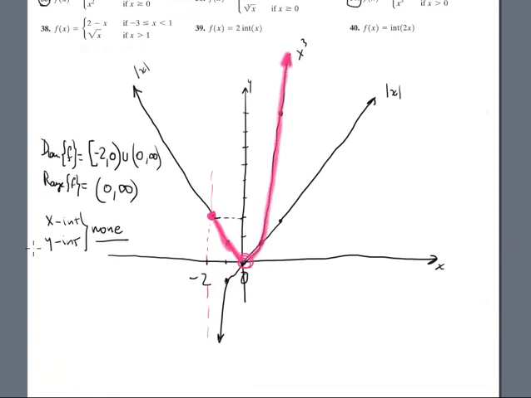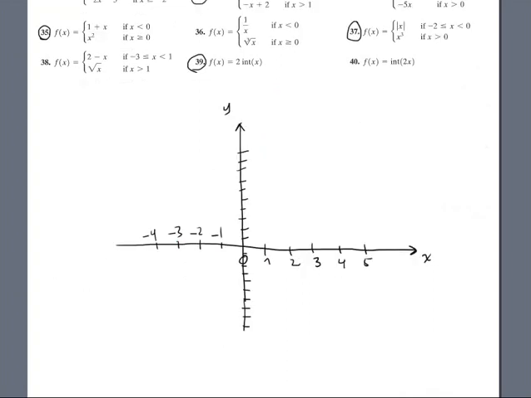No, it's discontinuous, because we have a hole here. A hole or a jump is a typical discontinuous feature. Okay, 39 is the last in this part.